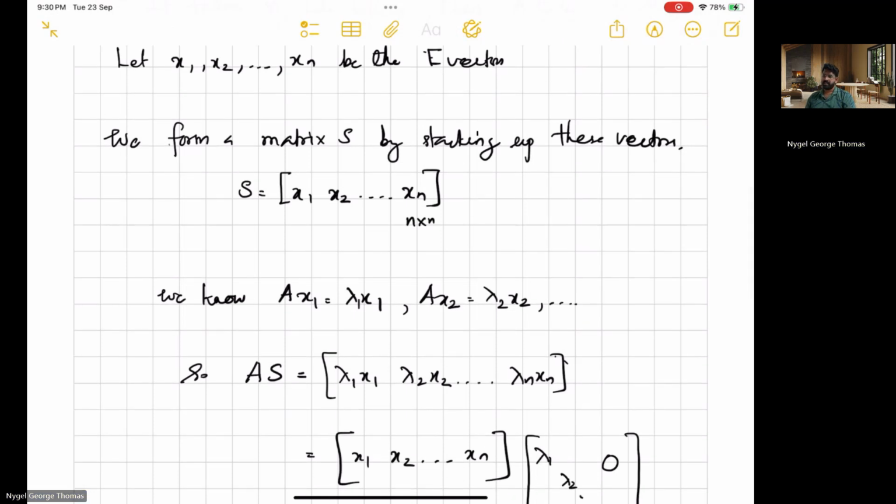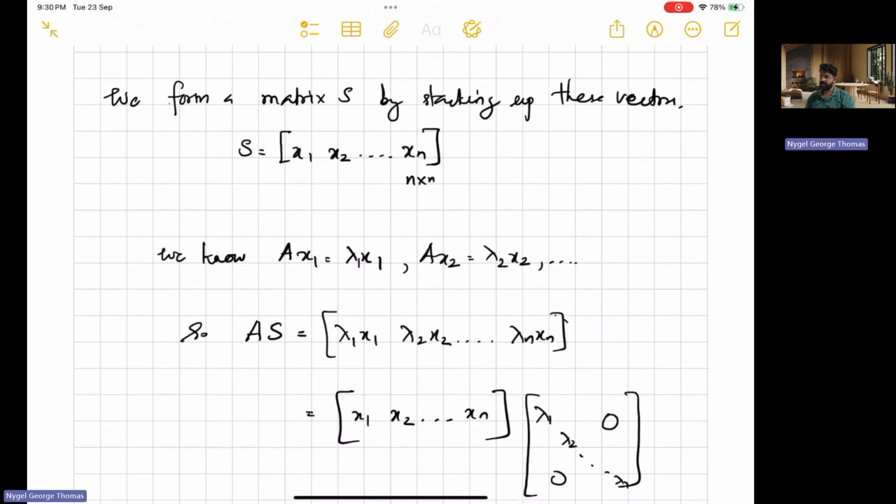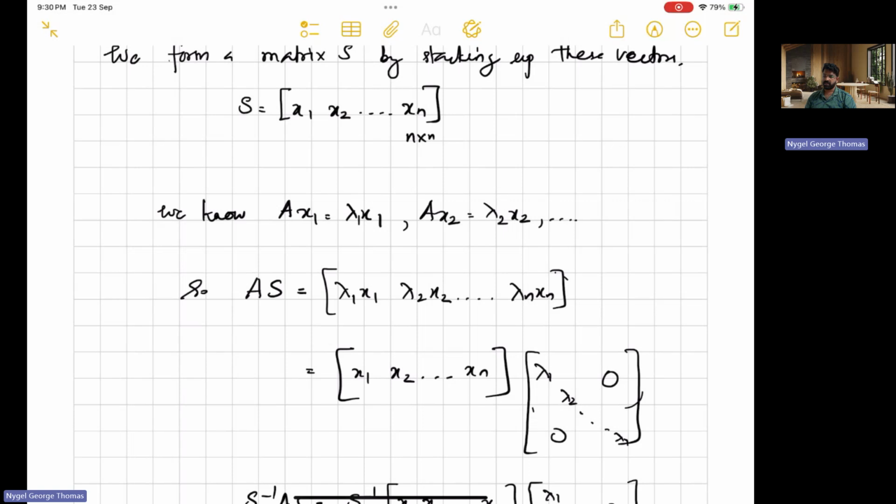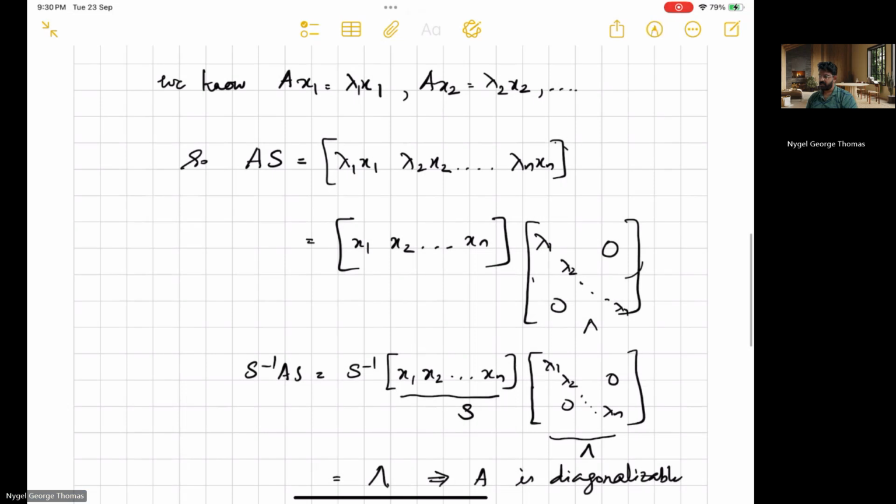So A into S can be formed by taking the lambdas as a diagonal matrix. This can be written as x1, x2, up to xn into the diagonal matrix where the diagonal elements are the eigenvalues, and this is A into S. To find A, we left multiply by S inverse.